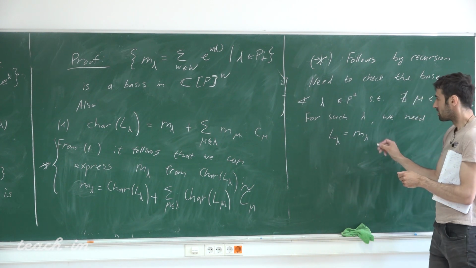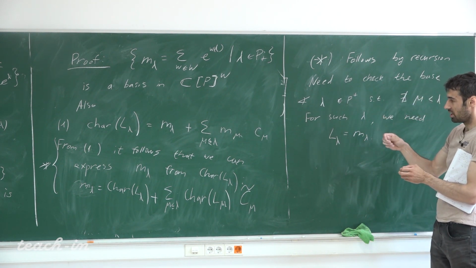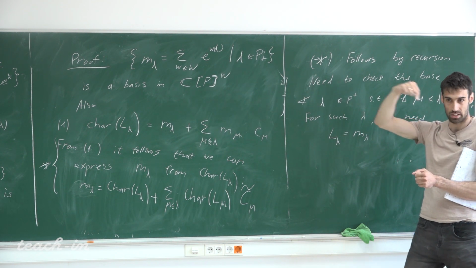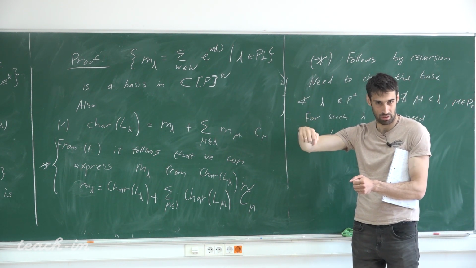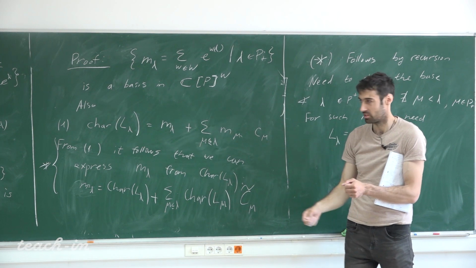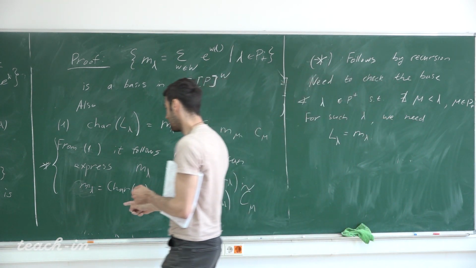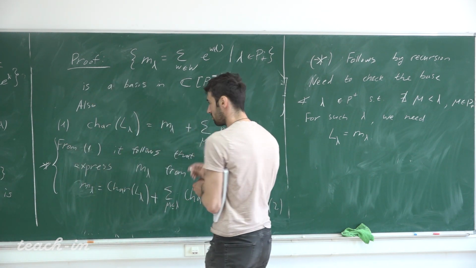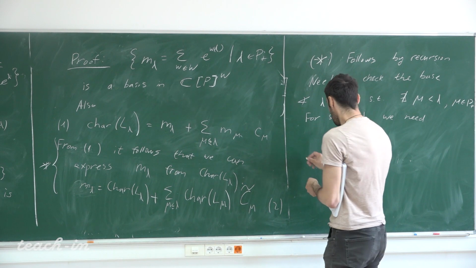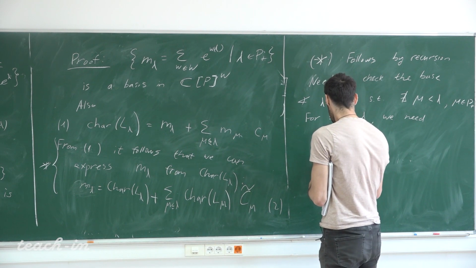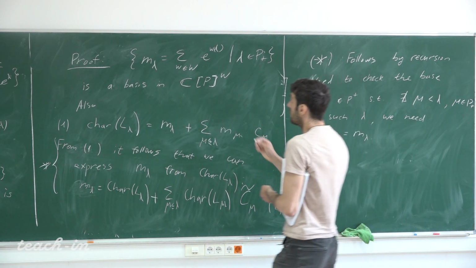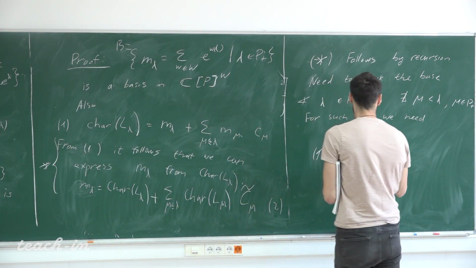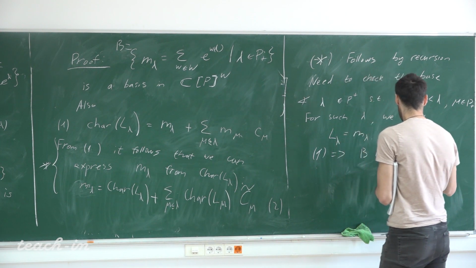Okay, so the base is checked like that, and then recursively you take L lambda. You know that for smaller ones you can express, therefore you can express for this one, and so on, and so on. So therefore you have this, call it 2, and you have this, call it 1. So from 1, we know that, let's call this set B, is linearly independent.